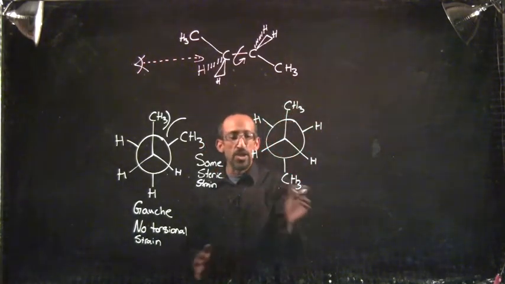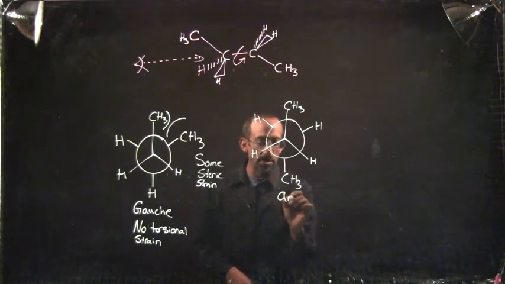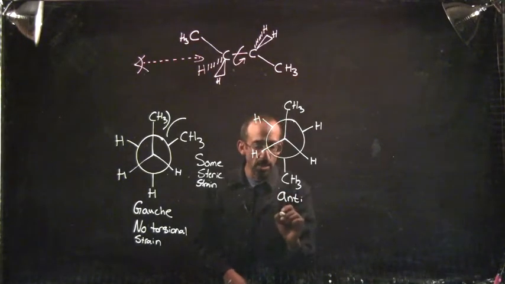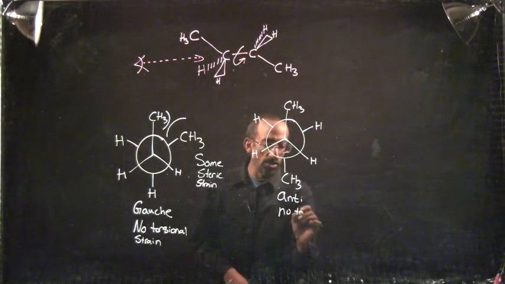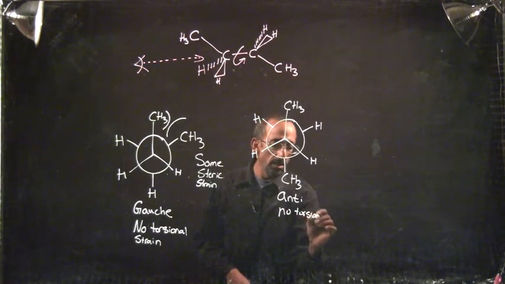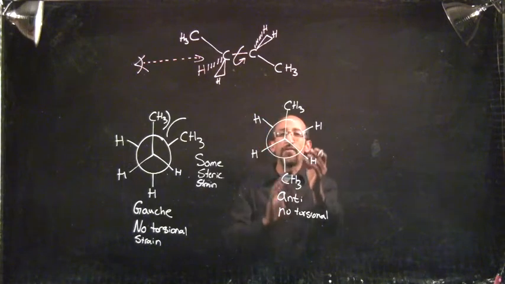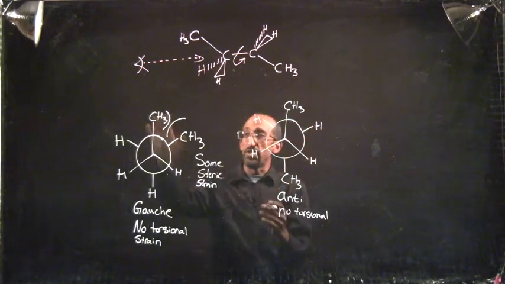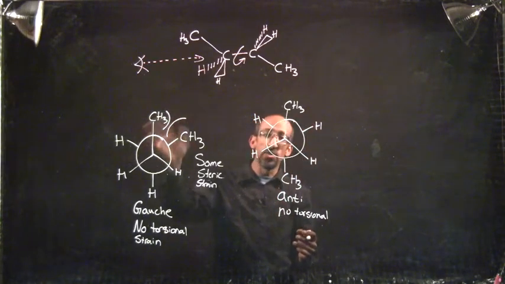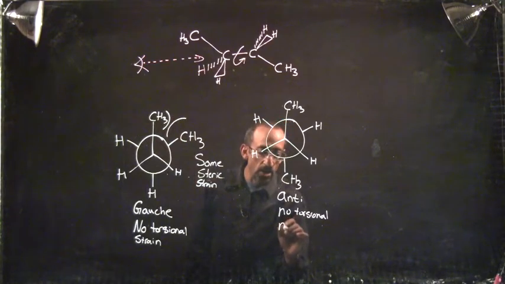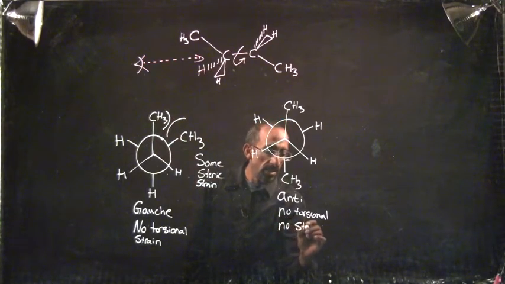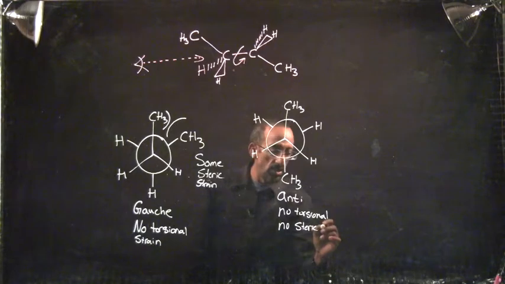Here again, we have no torsional strain. So this is our anti-conformation. We have no torsional strain. And because we never have 2 bulky groups near each other, front and back like we do here, we also have no steric strain.